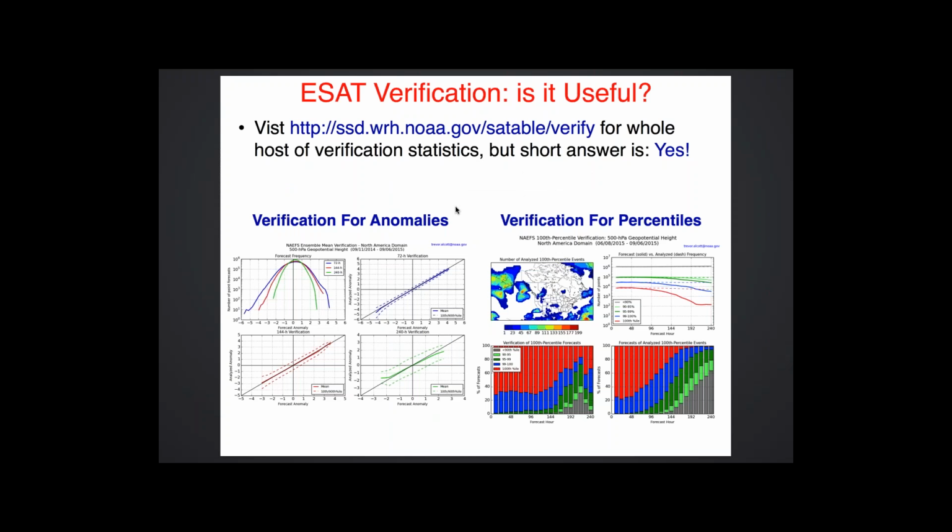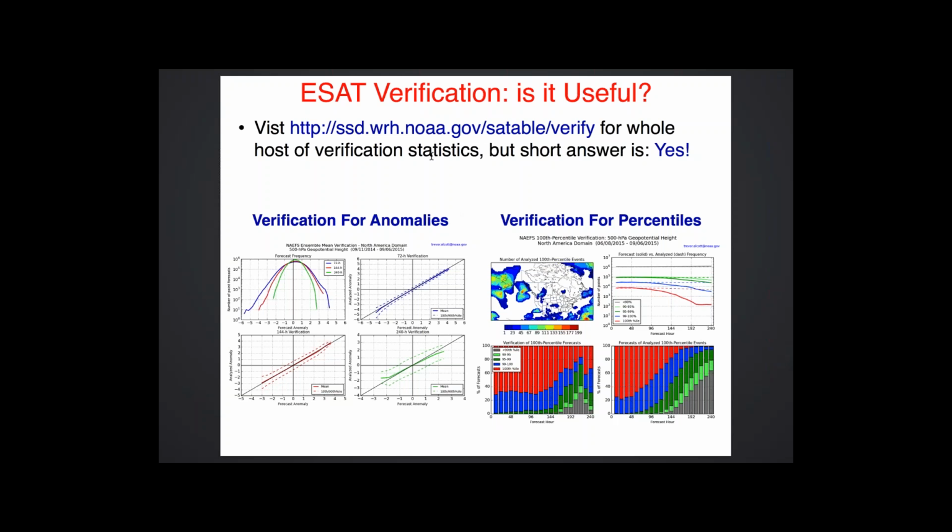Another thing that a lot of people might be wondering is whether the table is even useful. Obviously it relies a lot on the NAIFS, so it's only going to be as accurate as the NAIFS is. Some people may question whether the NAIFS is terribly accurate, and by extension if ESAT is accurate. The short answer is yes, but I would encourage you to go to the above site for a whole host of verification statistics.